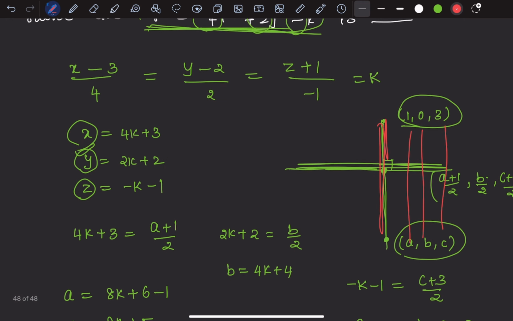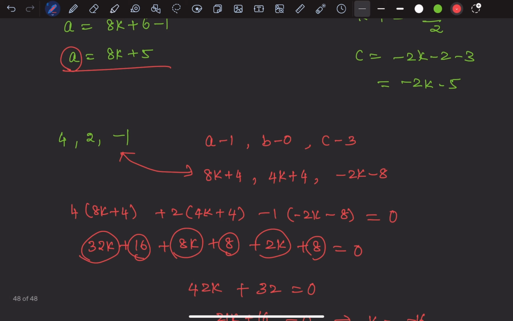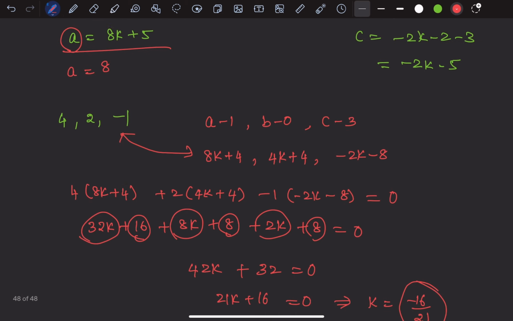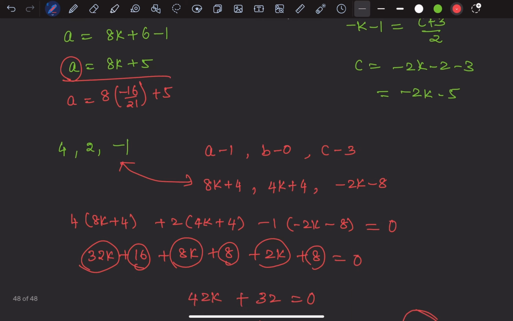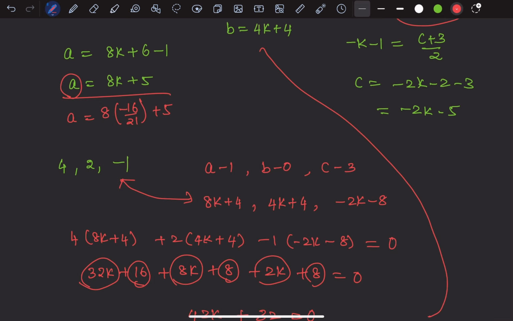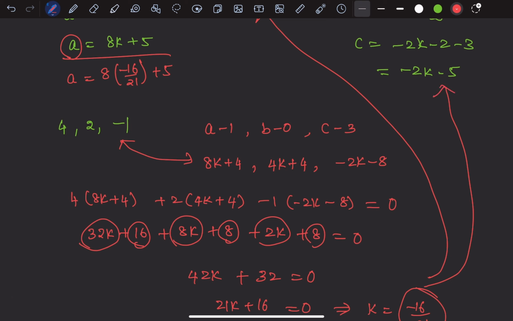So now we have to find out a, b and c. So here we have a is equal to 8k plus 5. So a is equal to 8 into k is minus 16 by 21, minus 16 by 21 plus 5. Similarly, you can put the value of k here and get the value of b. Put the value of k here and get the value of c.